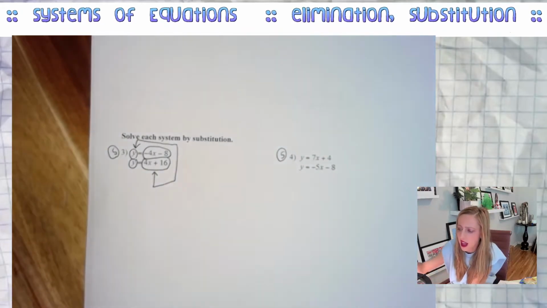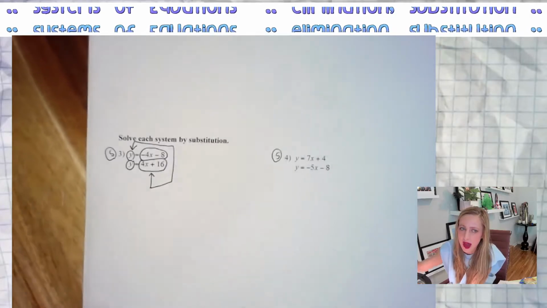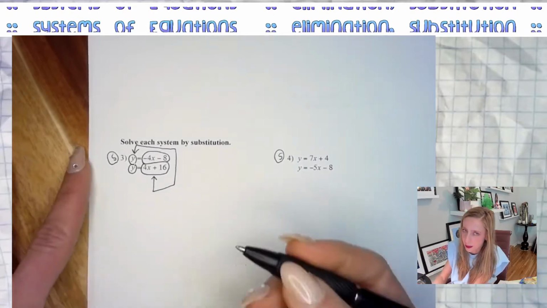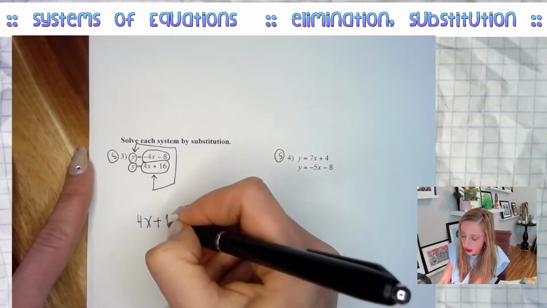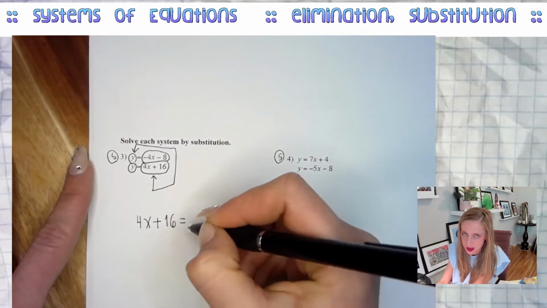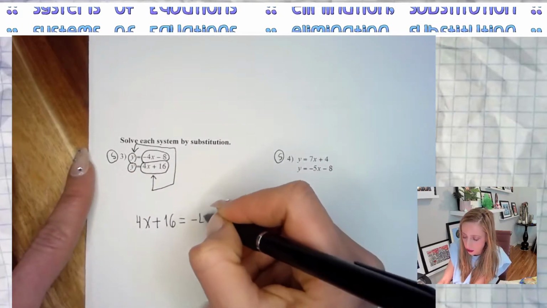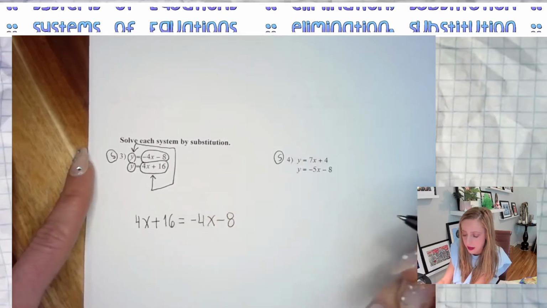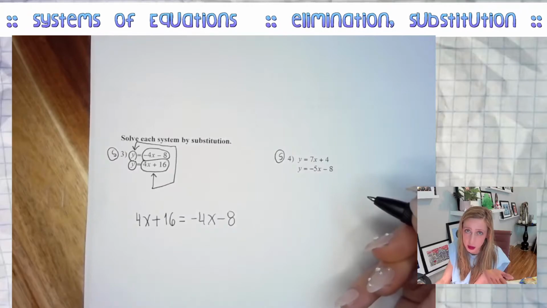A lot of people like to say you're setting your equations equal to each other. Not really the best way to describe it, but if that's how you understand it right now, I guess it's okay. But I would refrain from using that because it doesn't always look like that. I subbed that in for that, negative 4x minus 8. And now all we do, we already eliminated y by substitution.